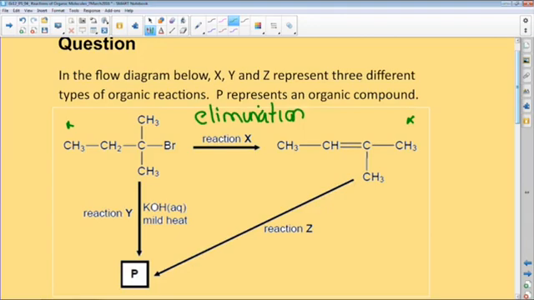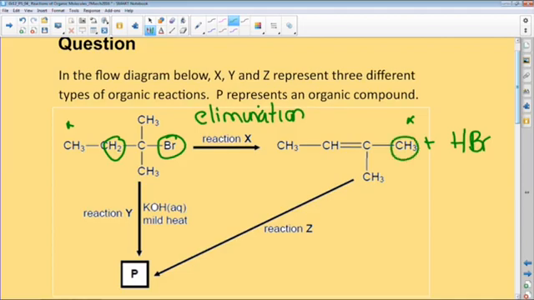When this comes off, look at what's happened here. If you compare the left-hand side with the right-hand side, the bromine came off, okay, and so did one of those hydrogens. So over here we end up with hydrogen bromide. But now before you say, but Tracy, more than that came off. No, it didn't. Be careful here.